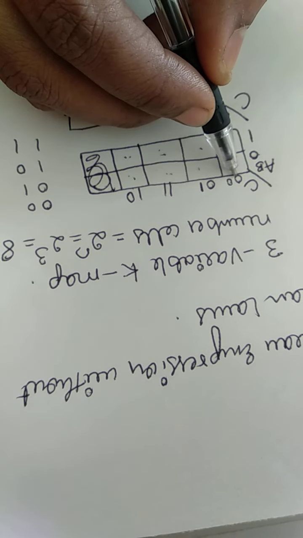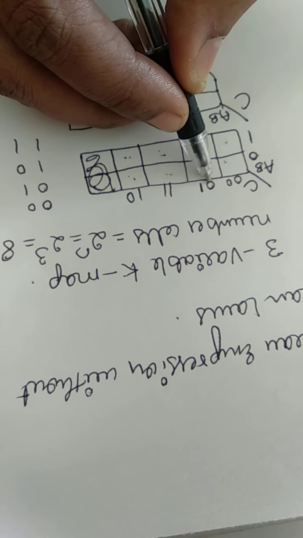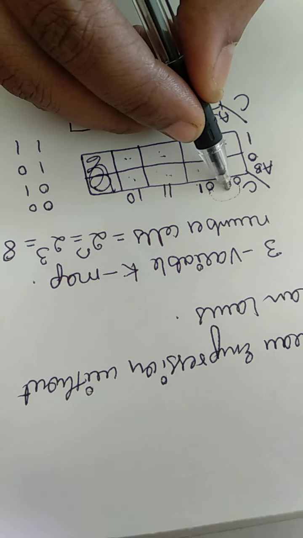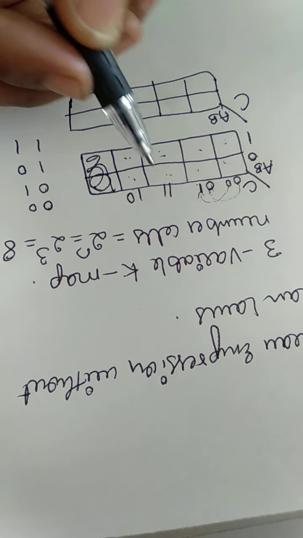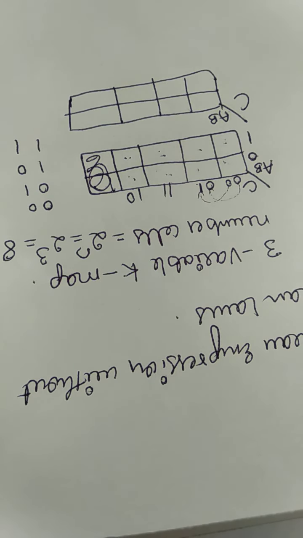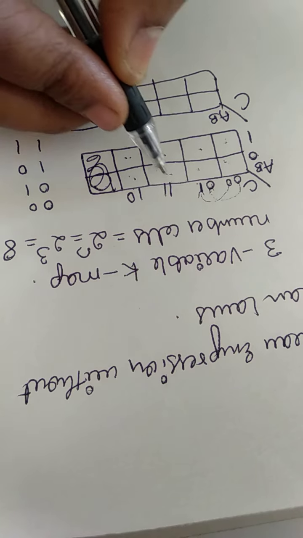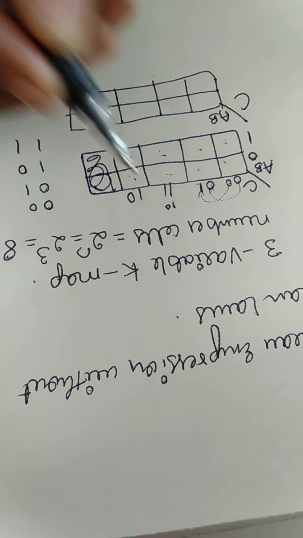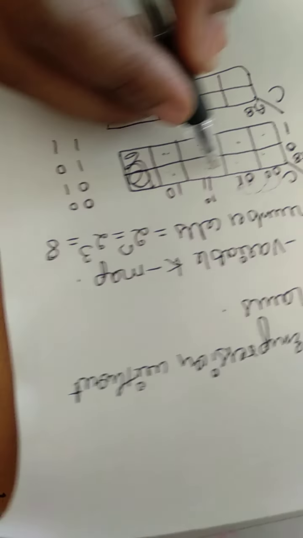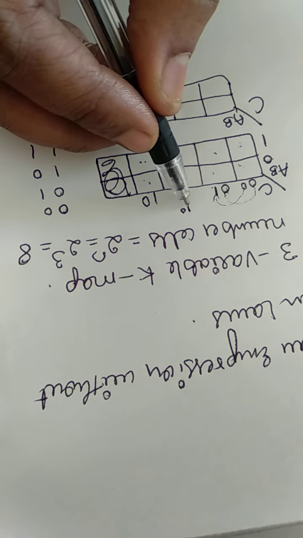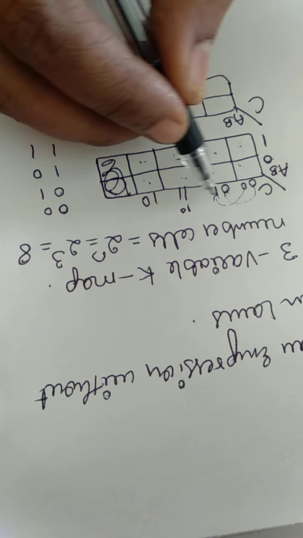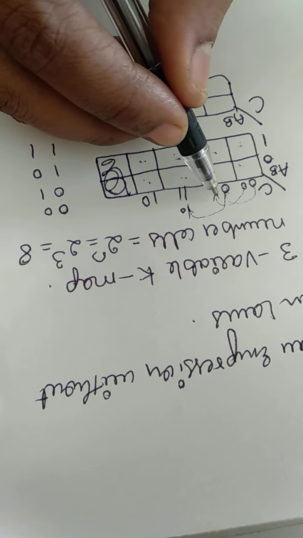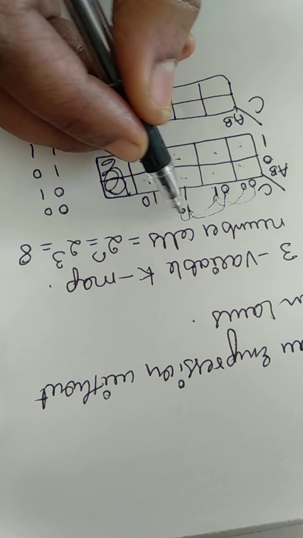For example, here is 0 0 and here is 0 1. See, 0 0 is the same, we are interchanging 1 bit, 0 as 1. But if you write 1 0 next, as in the same truth table, 2 bits would change, that is 0 is changed to 1 and 1 is changed to 0.